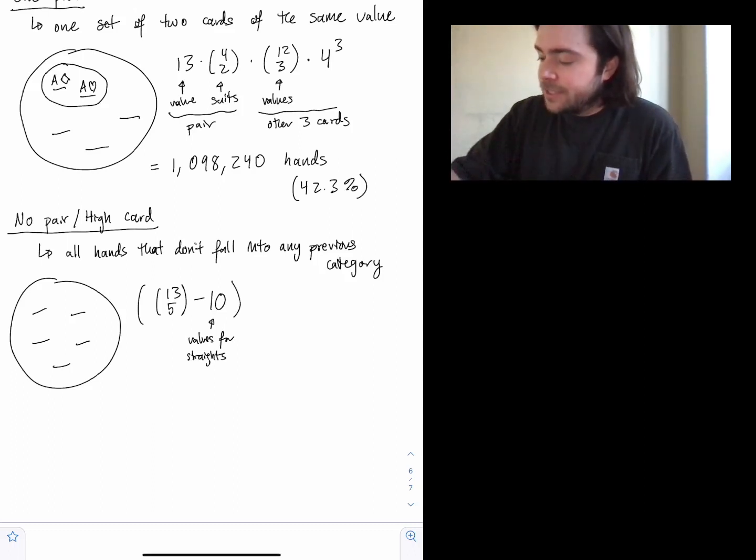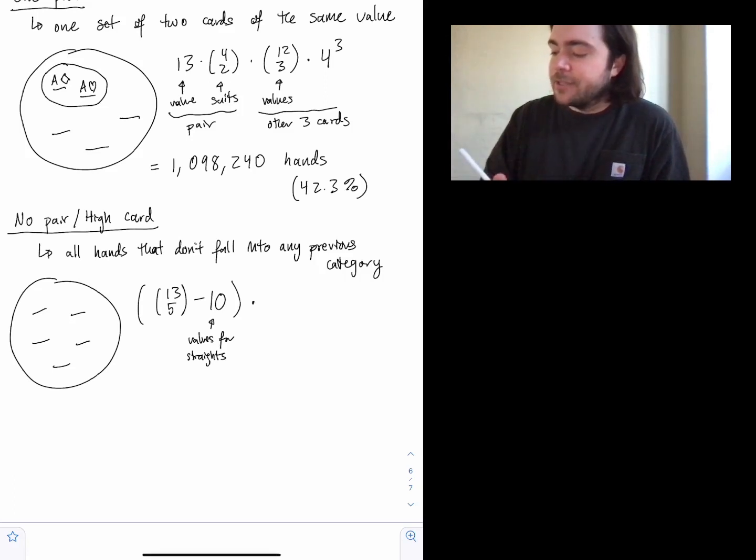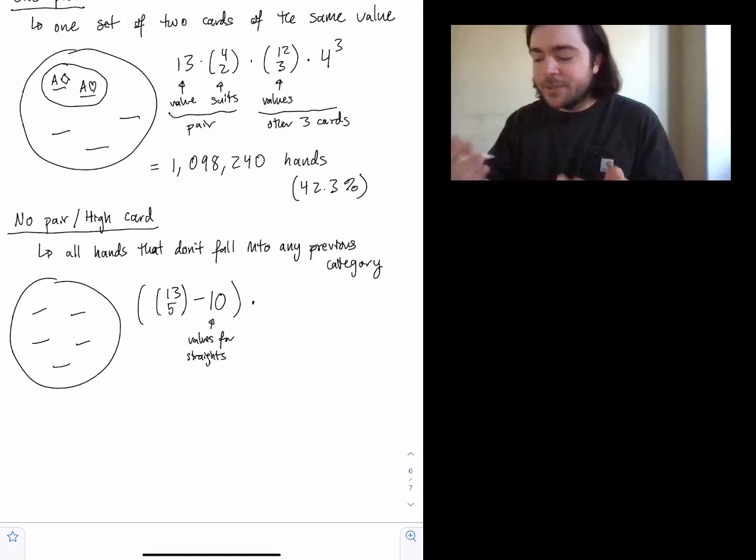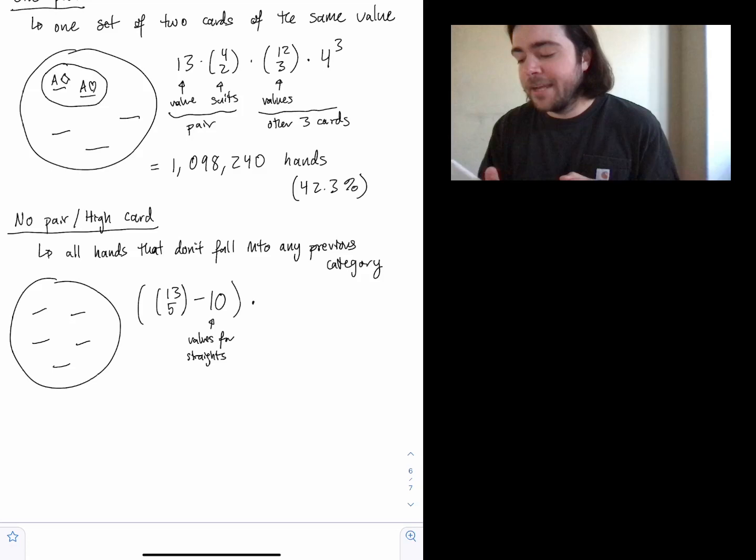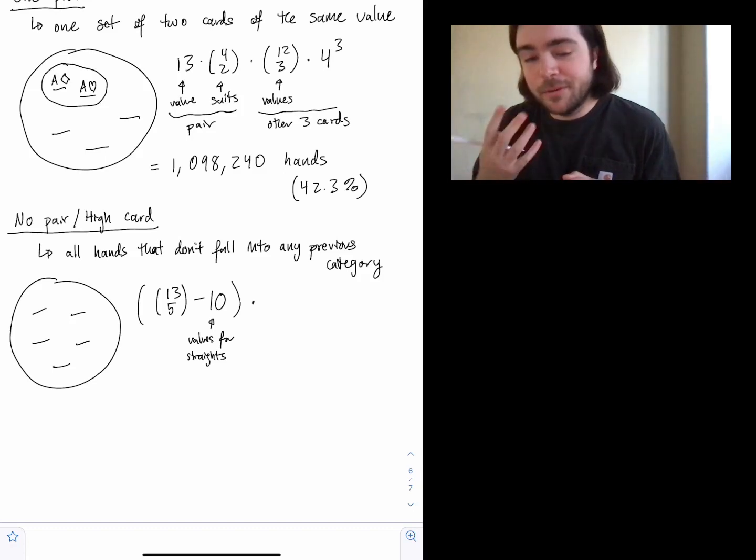And what about the suits, times all of our choices for the suits? Well, I can pick the suits completely freely, except I want to avoid flushes. So how many choices for suits of these cards would make it a flush? Well, just 4, right? Because they either all have to be hearts, all spades, all clubs, or all diamonds.